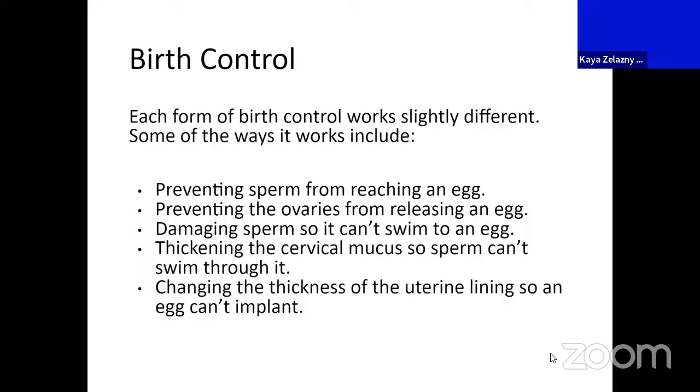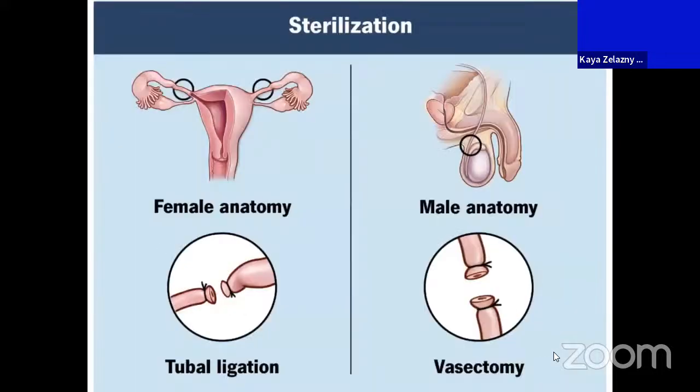So again, we're damaging their ability to move and get into the uterine tube. Or we can change the thickness of the uterine lining itself. If we make the uterus as a whole inhospitable, then maybe we prevent implantation. So different forms of birth control do different parts of this. And sometimes we have them doing multiple at once.